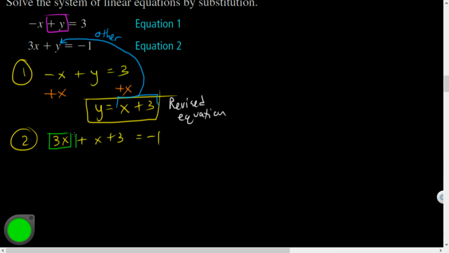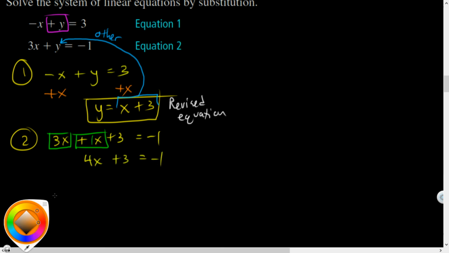You could minus 3 from both sides. I'm going to first combine my x's. How many x? 3 x's plus how many x's is this? That's an invisible 1 there, 1x. 3x plus 1x is 4x, yep. And then subtract 3.